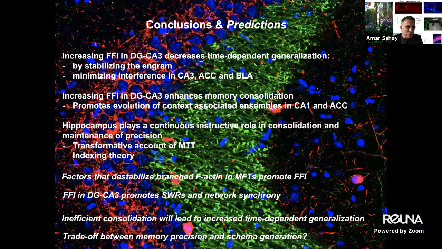So our manipulation that preserves the representation in terms of its details may result in inefficient generation of schema that's important for new learning. And so at the level of the circuit, we'd like to understand how schema are generated, as well as how this balance might be toggled by upstream mechanisms that reside in the hippocampus.